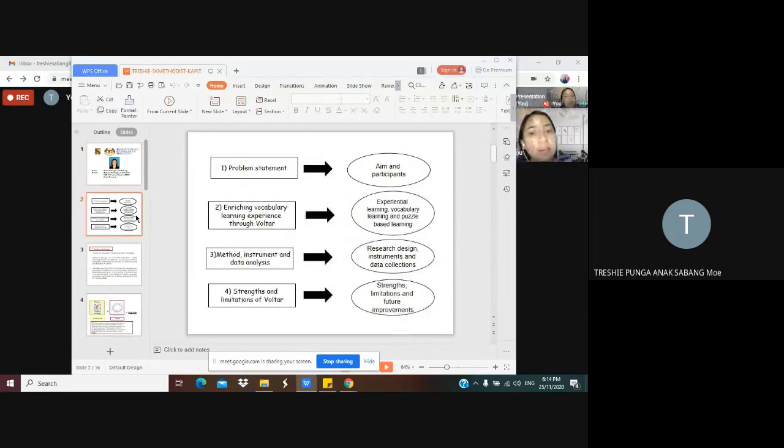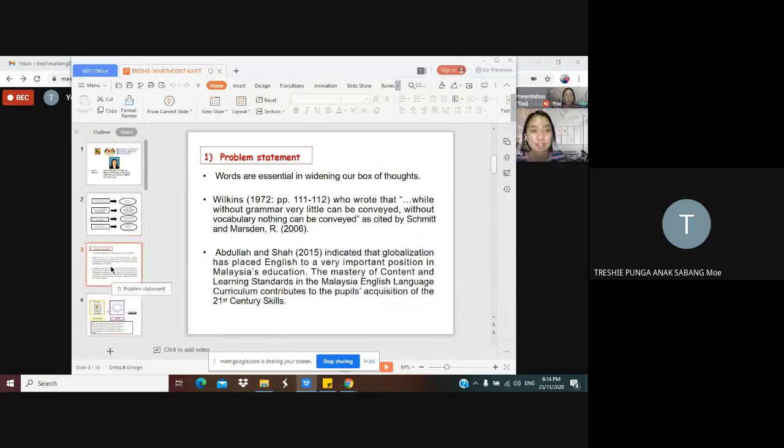So in my presentation, I will touch on the problem statement, how Voltar can enrich vocabulary learning. Next, method, instrument, and data analysis, as well as strength and limitation of Voltar. So we move to the first stage, the problem statement. Words are essential in widening our box of thoughts.